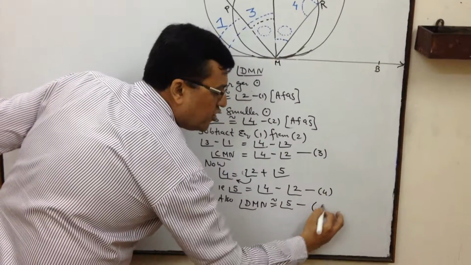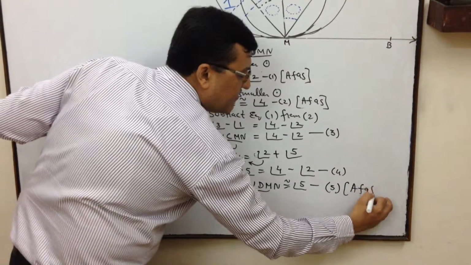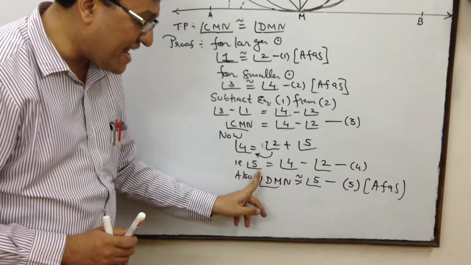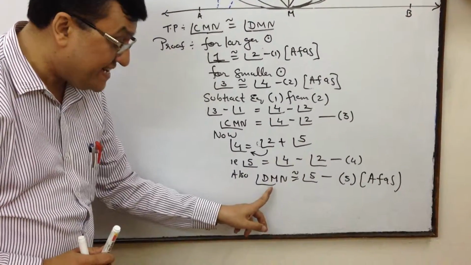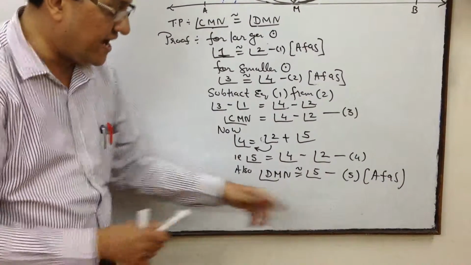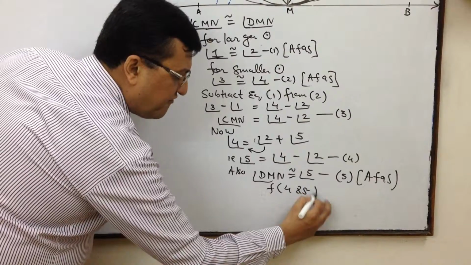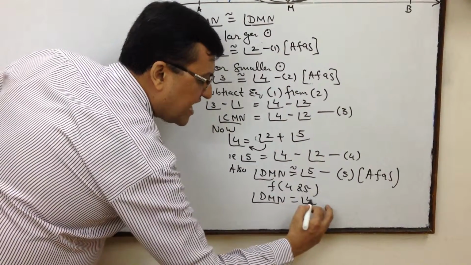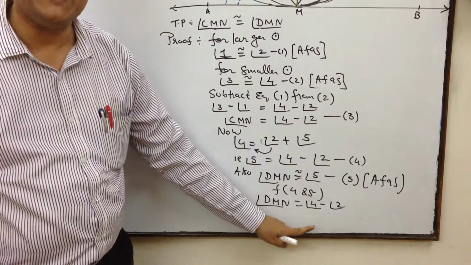Let this be equation number 4, and the reason behind this, let this be equation number 5, is alternate segment theorem. With the help of equation 4, I got angle 5 is equal to 4 minus 2. But with the help of equation 5, DMN is congruent to angle 5. So from 4 and 5, angle DMN is angle 4 minus angle 2.